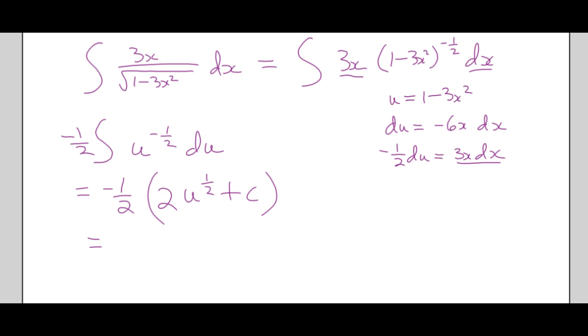Yeah, so this becomes negative a half times 2 is negative u to the 1/2 plus c. Negative a half times 2, right? This had to go up by 1. But you don't multiply negative 1/2 by c. It's another constant. It's as if I never said it, right?